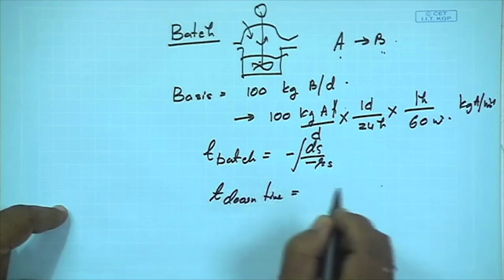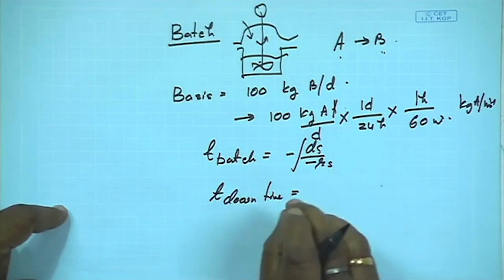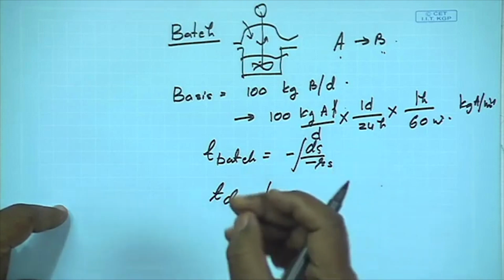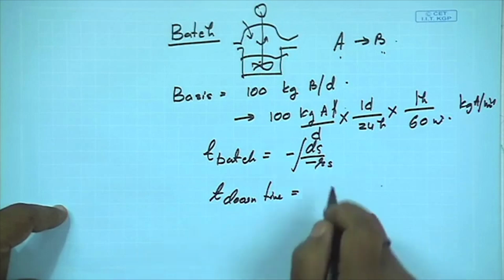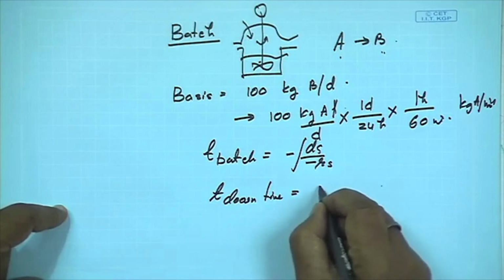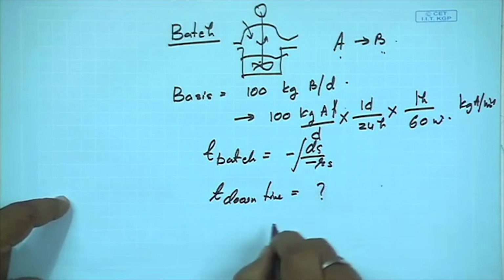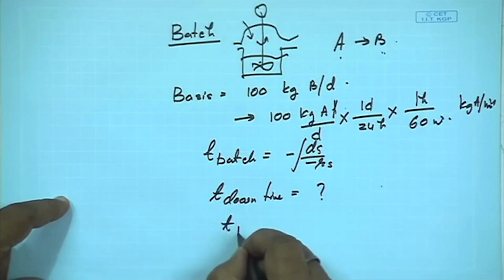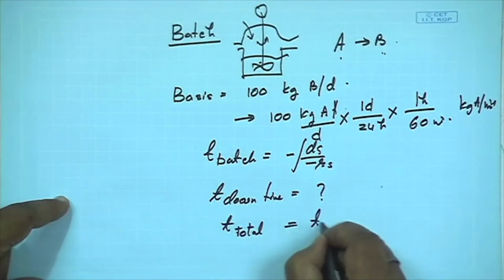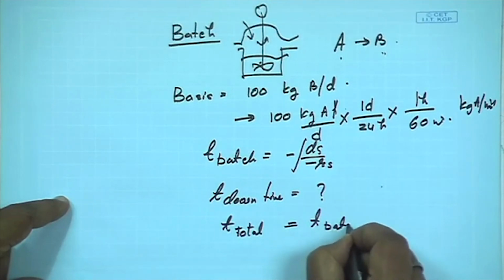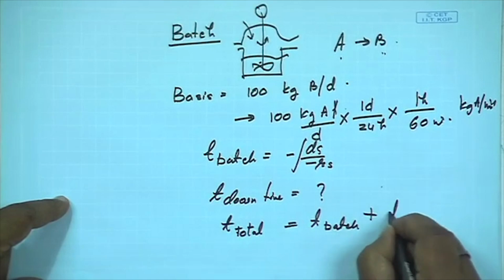This downtime contains the time required for taking out the product after the fermentation is over, then cleaning the vessel and then refilling the substrate again. So, this downtime you have to assume or you have to find out. The total time, T total, will be what? T total equal to T batch plus T downtime.